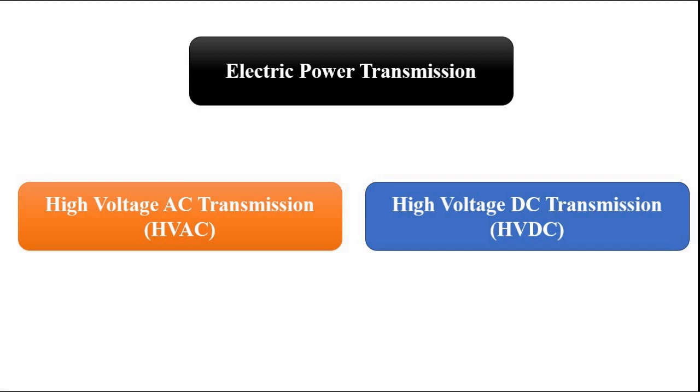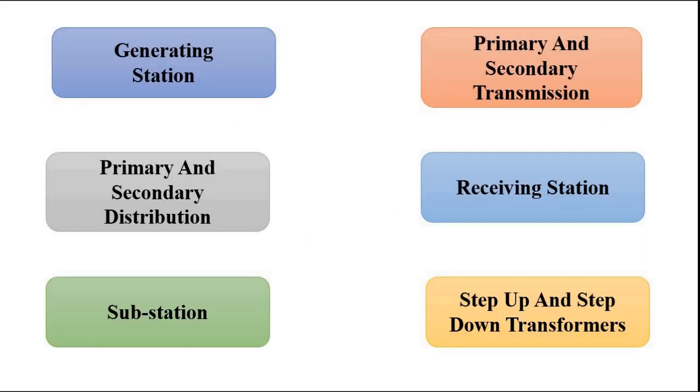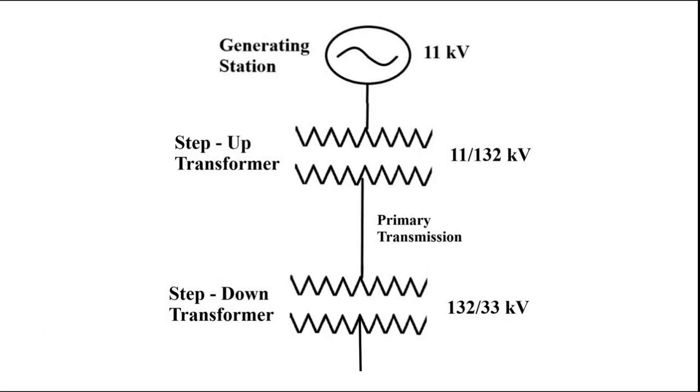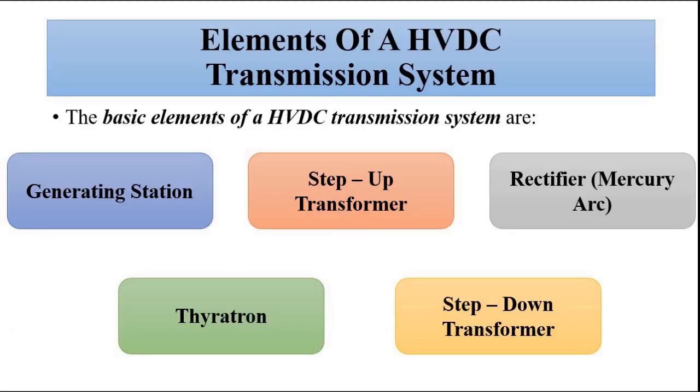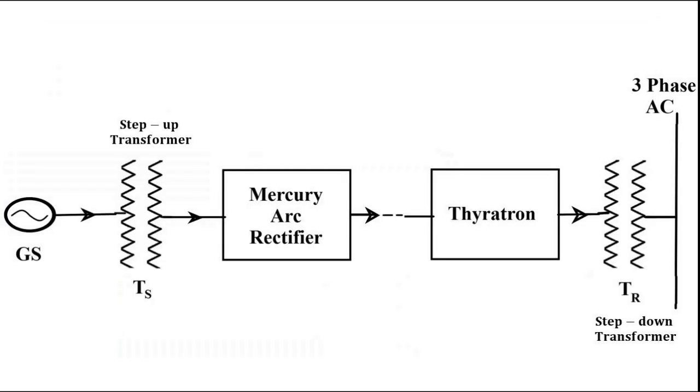The basic operating principle, the blocks, the single line diagrams. So please watch that video related to the AC power system and then the HVDC transmission system. And we have also discussed the advantages and disadvantages of each transmission scheme.